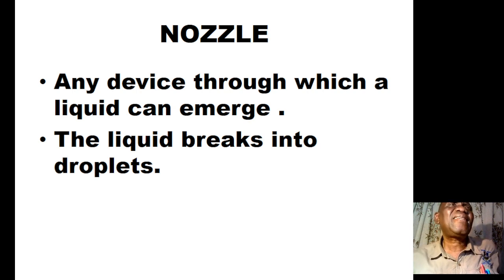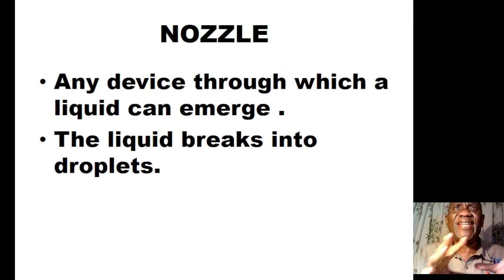Okay, now that we have talked about, when I introduced the topic, I showed you a range of sprayers which are used to deliver the pesticide to its target. Then after that, we tried to understand about the droplets.